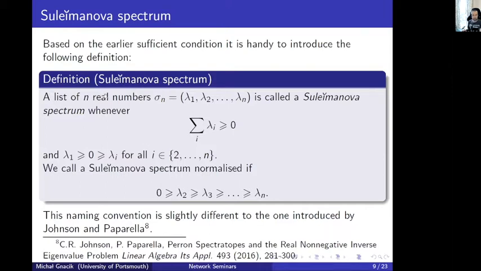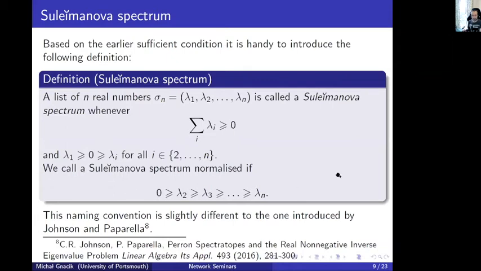So a list of numbers, lambda 1 up to lambda n, is called a Sulimanova spectrum whenever the sum over this list is greater or equal to 0, and the first number is greater or equal to 0, while all other numbers are less or equal to 0.